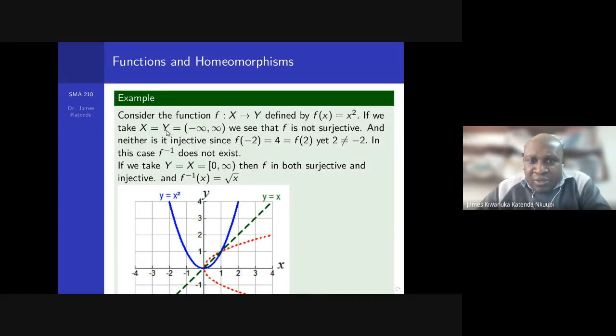It will also not be injective because we can have two different numbers being mapped onto the same thing. So it is not injective. In this case we can't find the inverse, because for us to find the inverse, the map has to be a bijection.